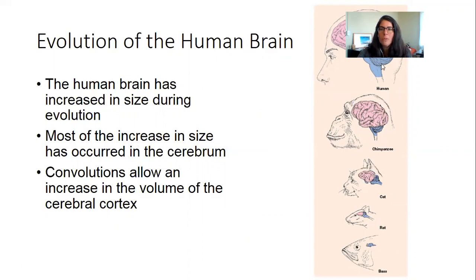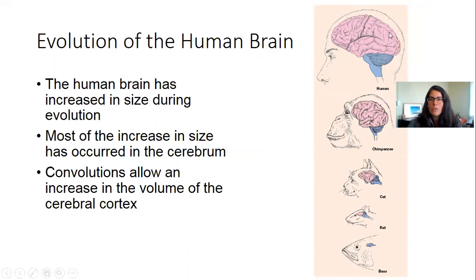And what allows our cerebrum to be so large? It did change the size and shape of the skull, right? But the larger our skull becomes, the more difficult it is to birth a head of that size, which was one of the challenges for Neanderthals.